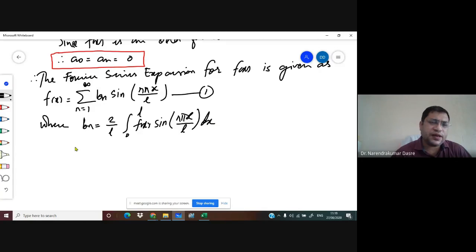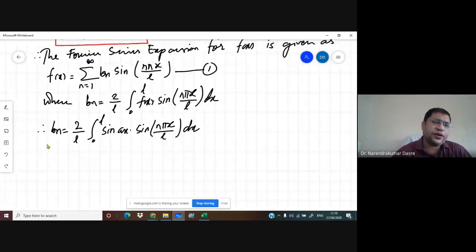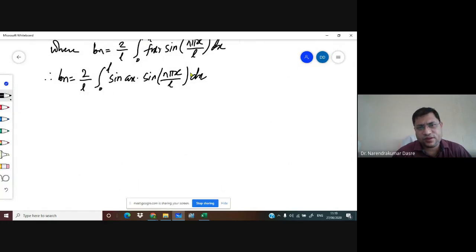Now we just have to evaluate this. So we have bn is equal to 2 upon L integral 0 to L sine of ax sine of n pi x by L dx. Okay, so now we have to evaluate this integral.